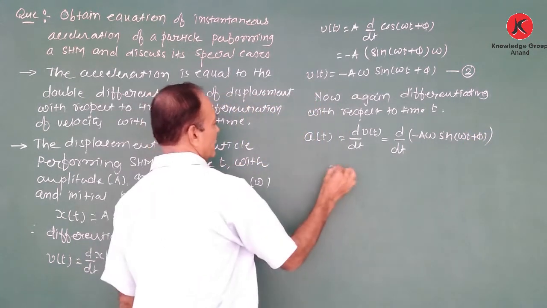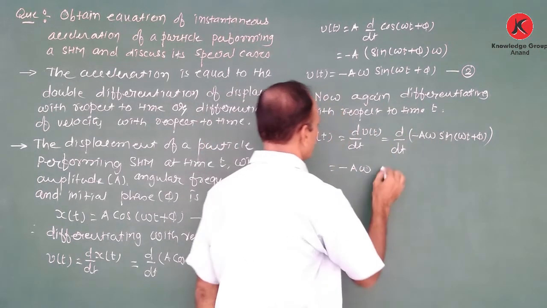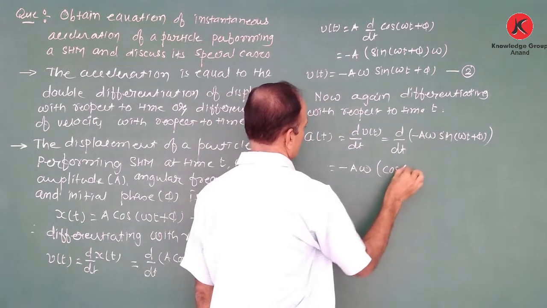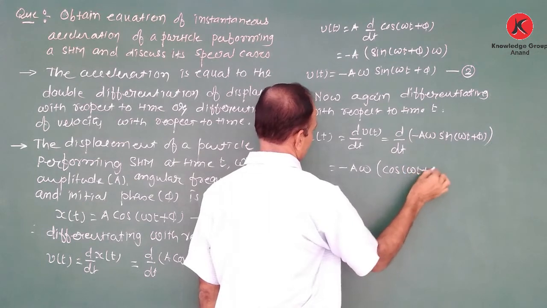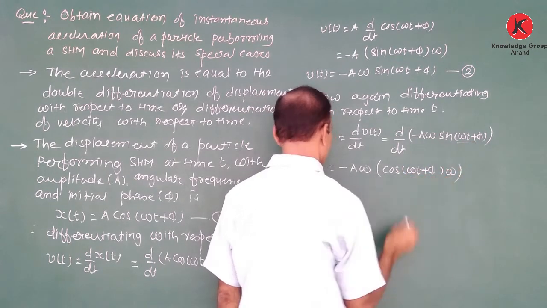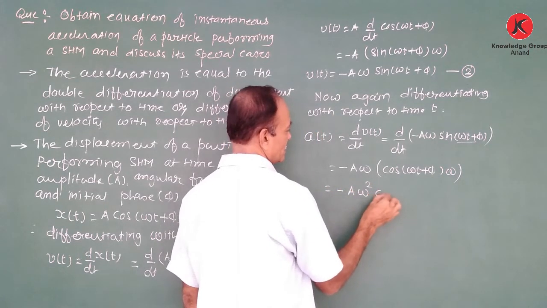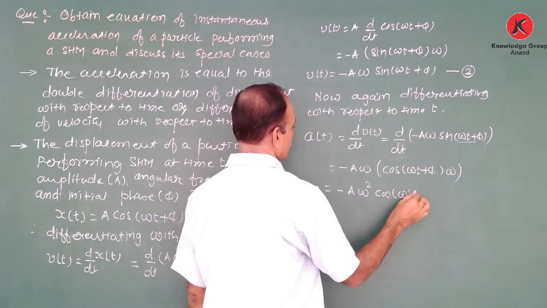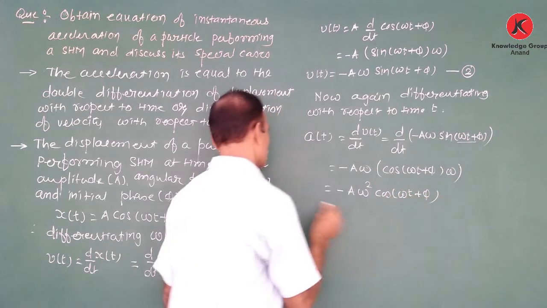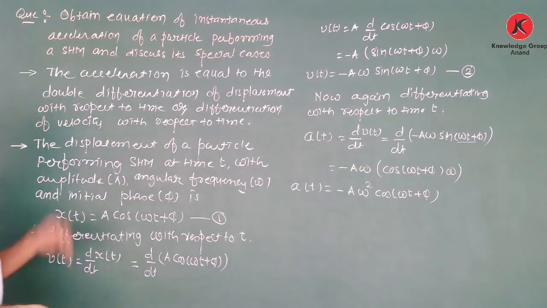So minus a omega is taken out, the derivative of sine is cos(omega t plus phi), and the derivative of this bracket is omega. Therefore, minus a omega square cos(omega t plus phi). That is the acceleration.